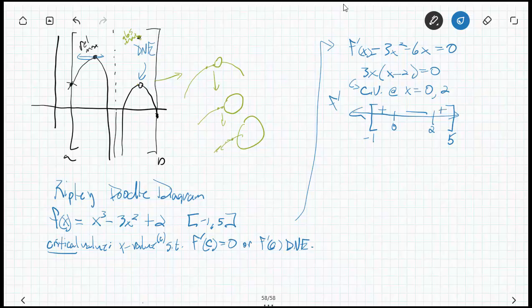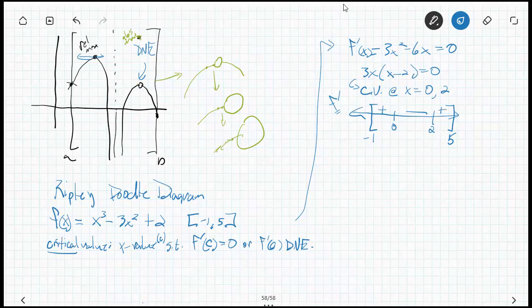Now here's the coolest part. This Ripley-Doodle diagram, because I've labeled it as a first derivative, tells me when a function is increasing or decreasing. If the first derivative is positive, my function increases. If my first derivative is negative, my function decreases, because the slopes of the tangent lines are positive and negative.